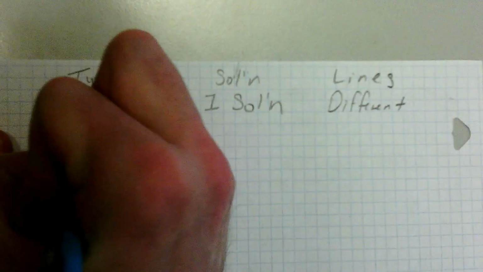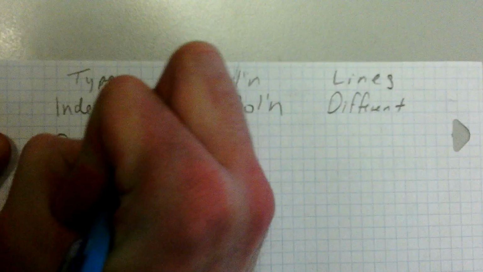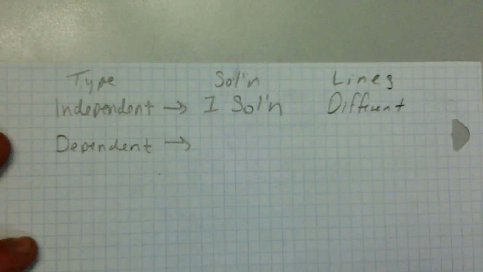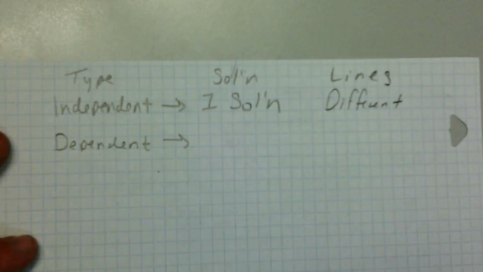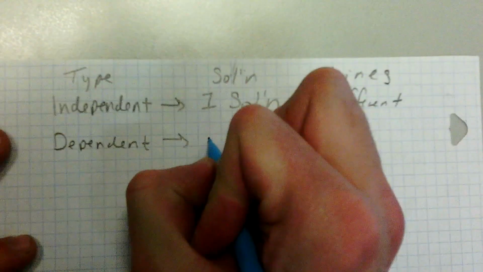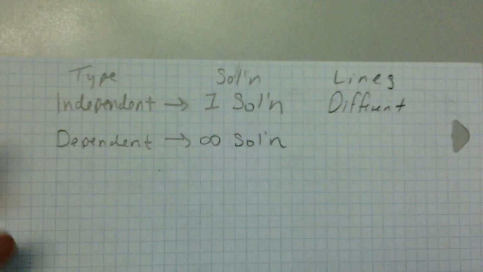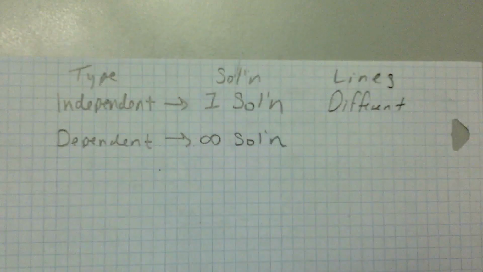Now, the dependent system has infinite solutions. What kind of lines would we be graphing if we have an infinite amount of solutions? Yes.